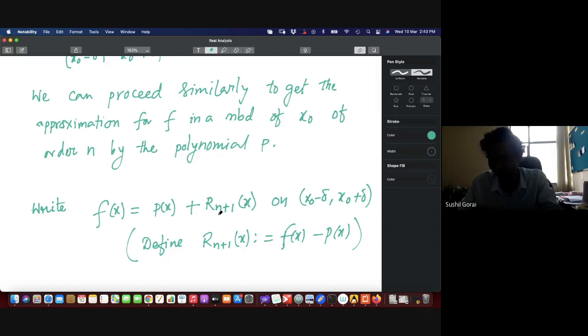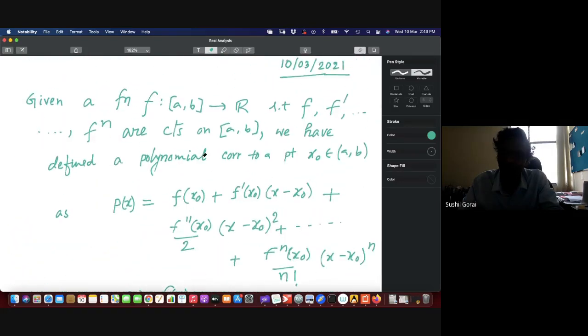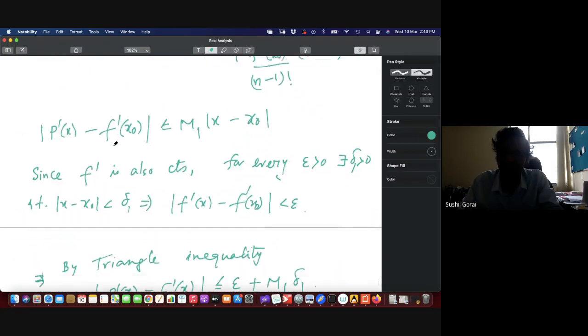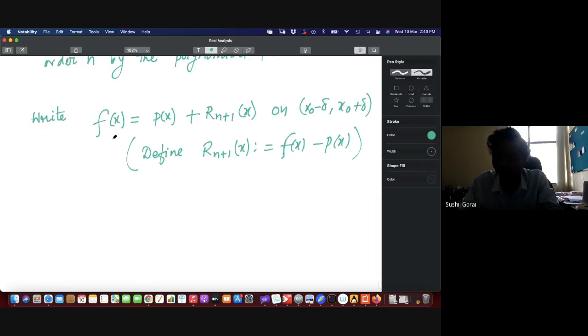Okay. So the interesting point is that in the assumption which we took here, that f n are continuous, and if you assume f n plus 1 exists, then R n can be given in terms of the n plus 1th derivative of f. So we already assumed f prime up to f n are continuous on the closed interval AB.